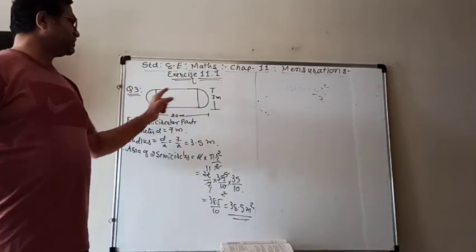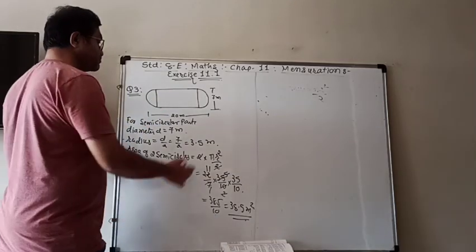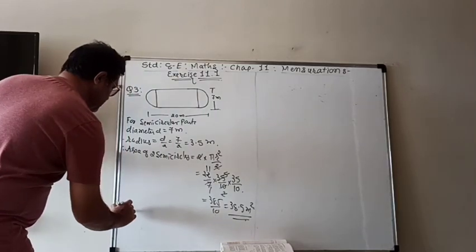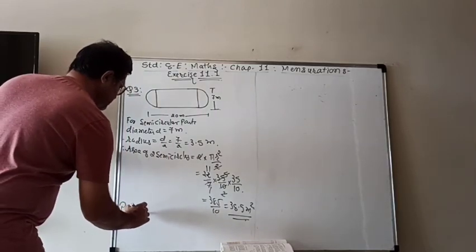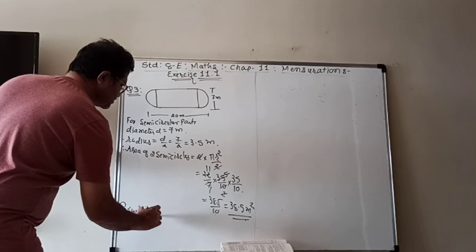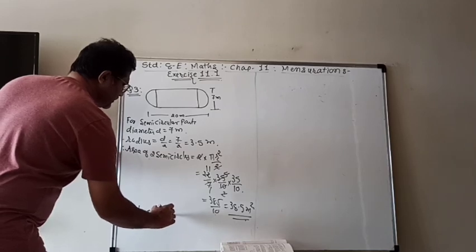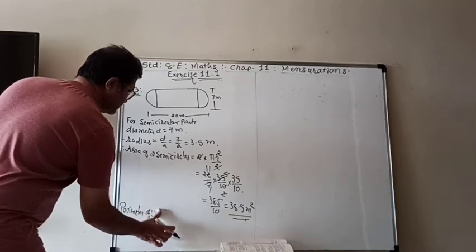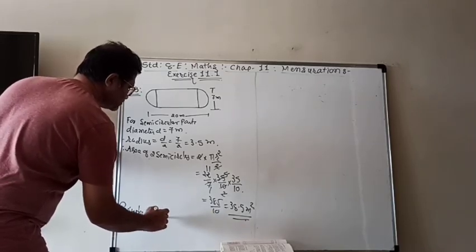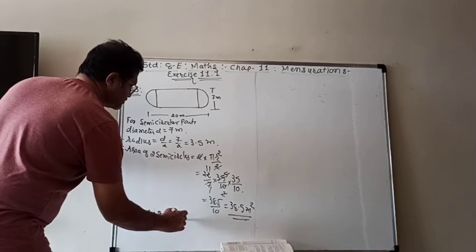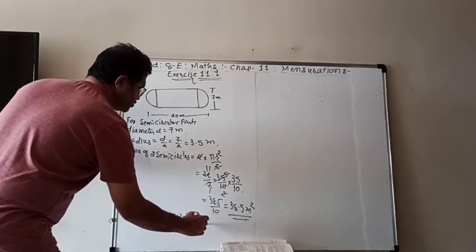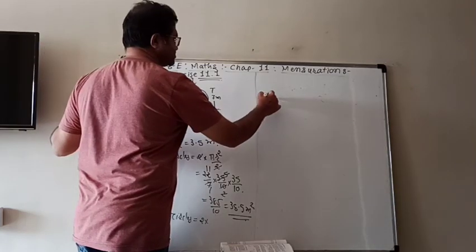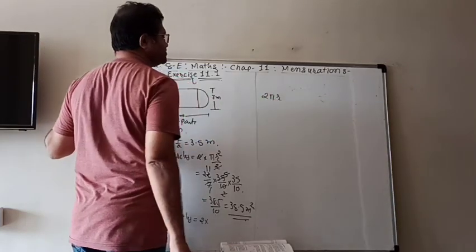Also we will find their perimeter. Perimeter of two semicircles is equal to 2 into, now the full circle circumference is 2 pi r.